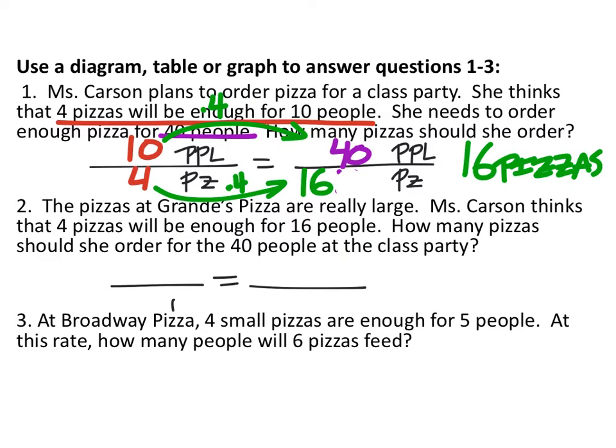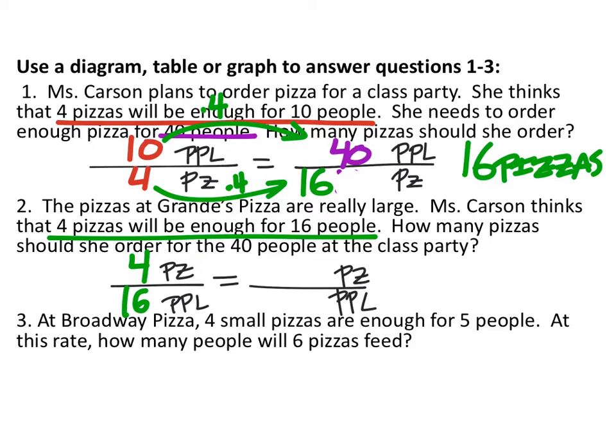And just to show you guys it still works, I'm going to reverse it and put people in the denominator and pizzas in the numerator this time. But you get to choose. It doesn't matter where you put them, the answer will still be the same. Miss Carson shows that 4 pizzas will feed 16 people this time, so 4 pizzas for 16 people.